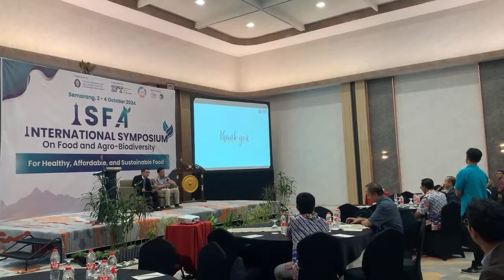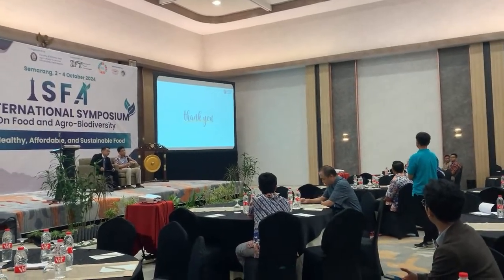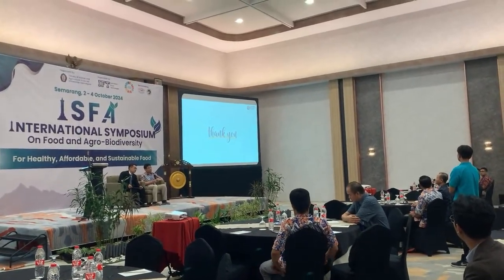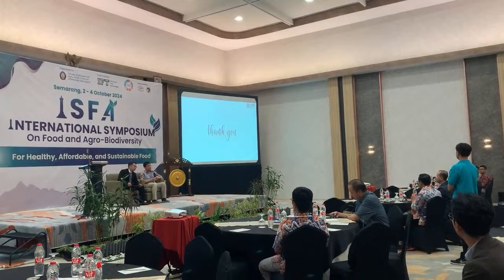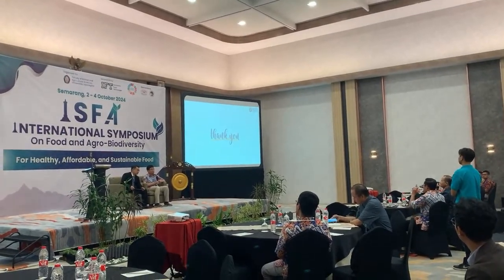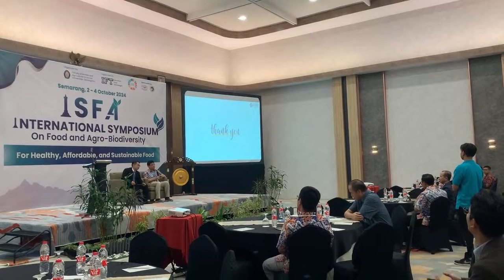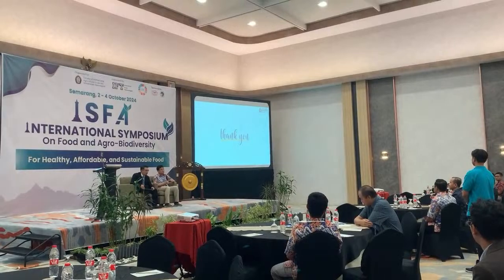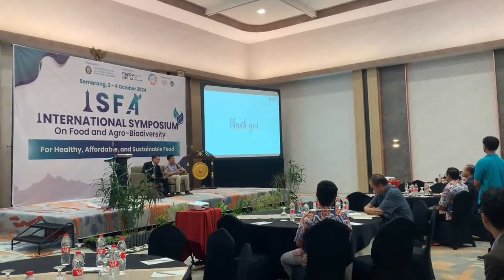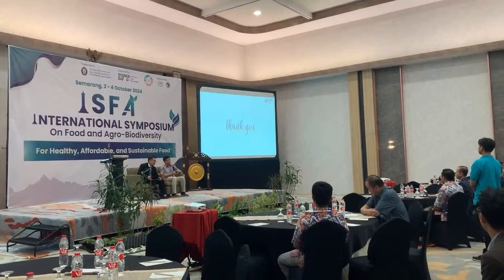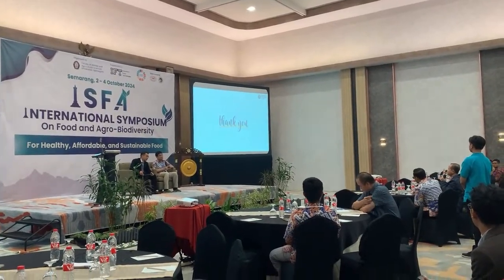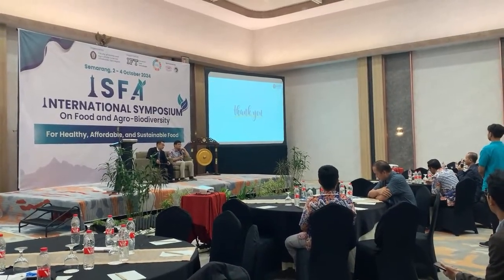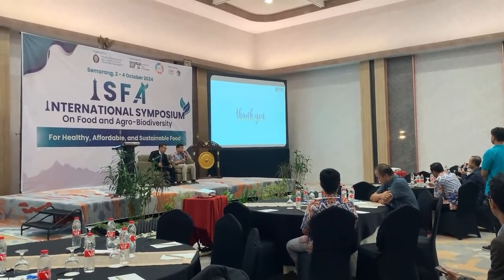Sorry to add a question, because this is still the same topic. Since the antibiotic is consumed by chickens, my name is Amari from Food and Agro-Biodiversity, and when the chicken consumes the antibiotic, it will accumulate in the body and also end up in the feces, excreta containing antibiotic.